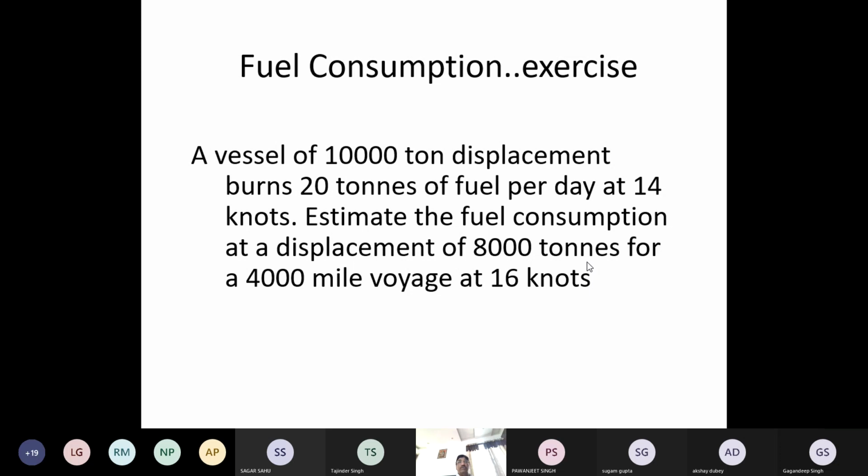So use the formula which we have discussed already and calculate the fuel consumption for a particular voyage with 8,000 displacement. First data is given at 10,000 displacement, 20 tons per day fuel consumption. So everything is given. You have to just use the formula and calculate.